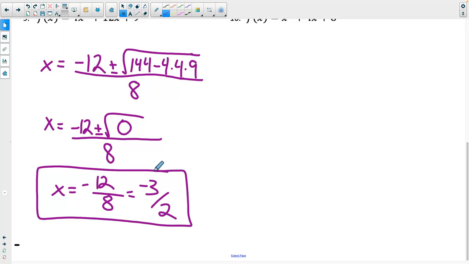Remember, your calculator can tell you negative 12 divided by 8 is negative 3 over 2. So if you ever get a really big fraction, check it out, type it in. I'll also say, if you get a really big number and you're taking the square root of it, you can type in what's the square root of this number. And if it gives you like 15, sweet. You don't have to do anything else because it was a perfect square. You just didn't know what it was. Any questions on that?